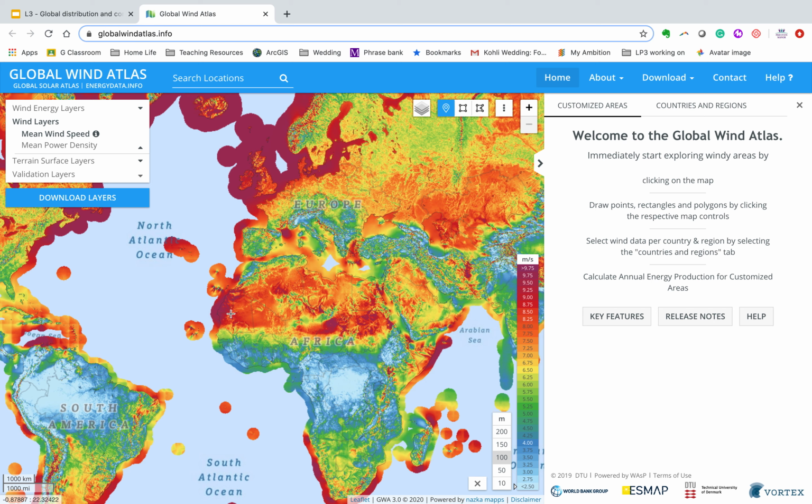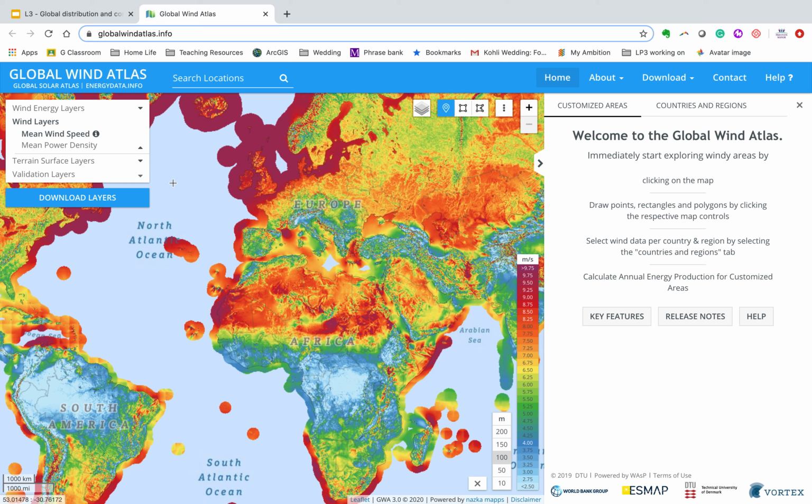Whereas as we get towards the edge of the Hadley cell, we do get strong winds, and you can see up here on the right hand side the little arrow is moving up. So these dark red colours, because this is a choropleth map, are showing very strong wind potential. Now, why is it we don't want to put a wind farm out here in the middle of the ocean?